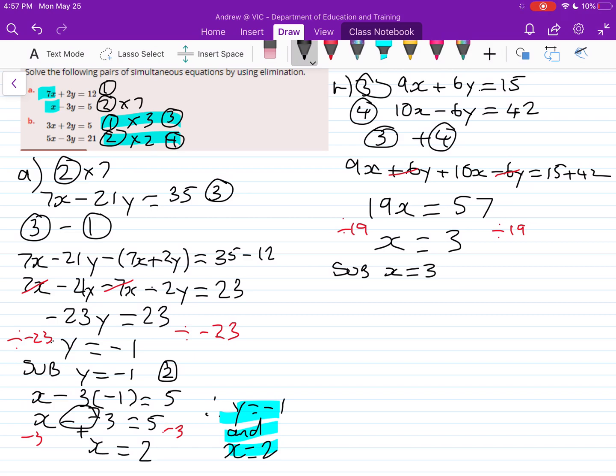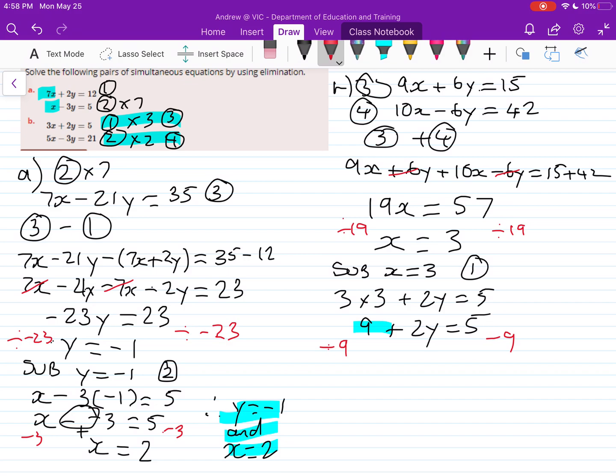We can substitute this into either one of our first two equations. I'm going to sub it back into our first one. So it's going to be 3 times 3 plus 2y is equal to 5. So that's 9 plus 2y is equal to 5. The 9 is the easiest to get rid of first, so we're going to have to minus 9 from both sides.